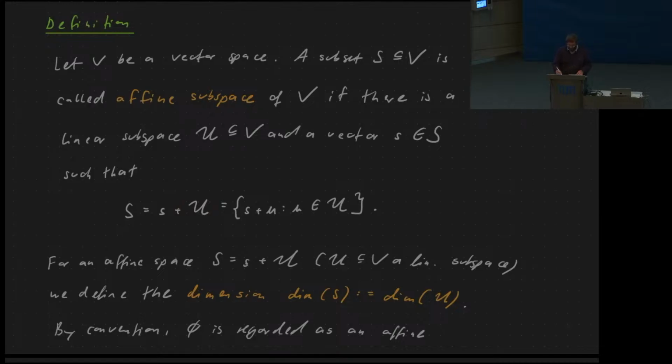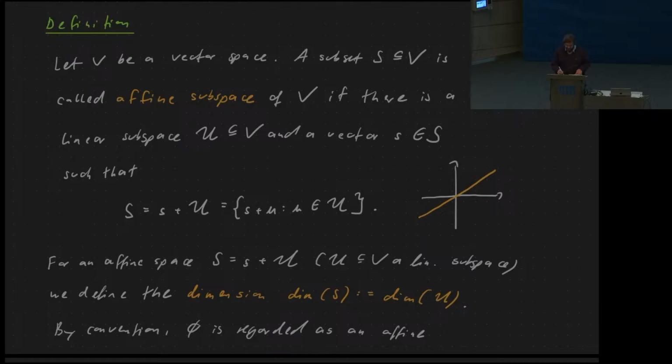So we've seen some prominent examples already. Picture, for example, in R2, a possible type of subspaces in R2 are lines through the origin. So this is a typical linear subspace. And if we translate that by any vector that we want, we get an affine subspace.